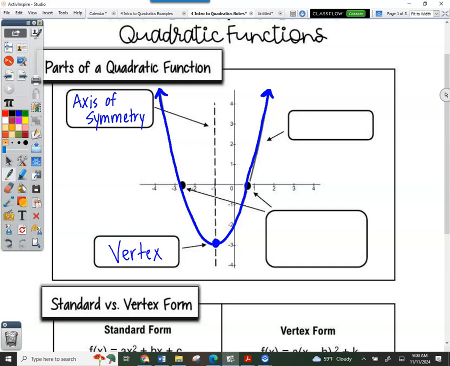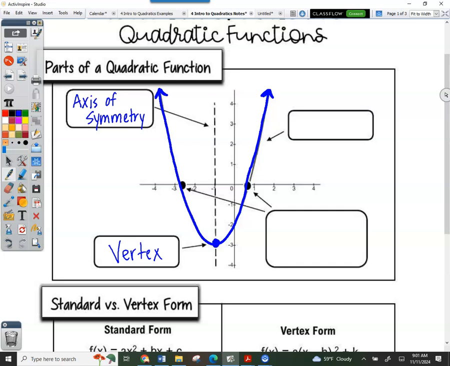If the curve was facing down, what do you think the vertex would be? Where do you think it would be? So here the curve is facing up, right? And the vertex is right here. Now imagine if it was reflected down. It'd be at the very, very, very top, right?